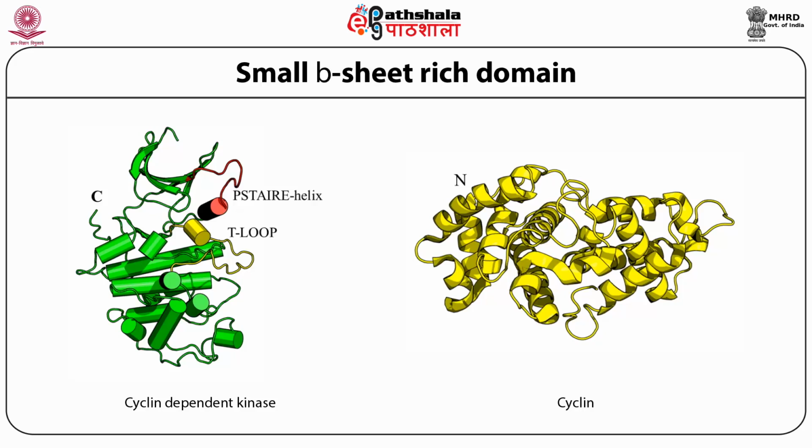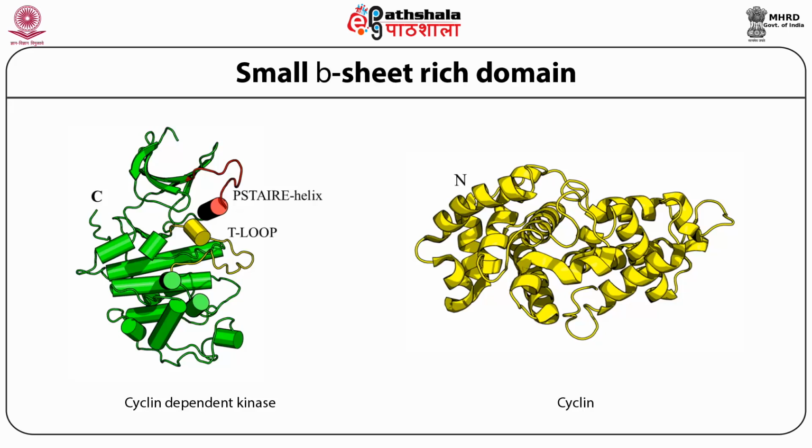The cyclin is an alpha helix rich protein which can easily be divided into two small domains. Those two domains are very similar to each other, which is expected, since in evolution it is due to a gene duplication event.